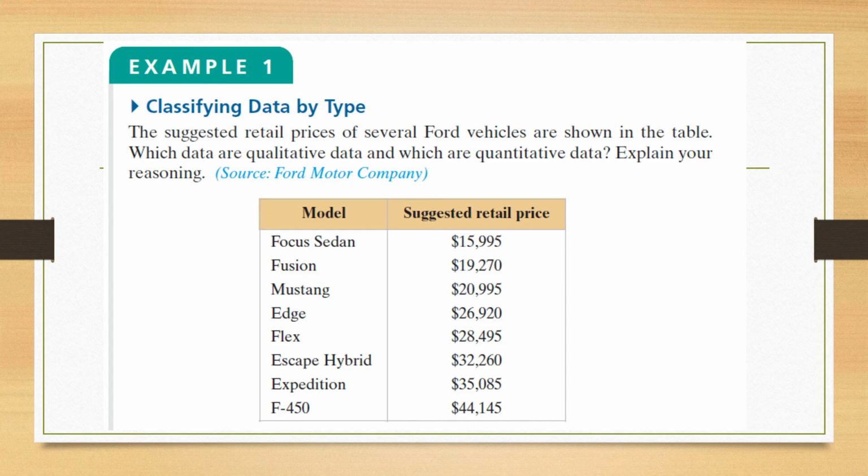That is on the left side. We have Focus Sedan, Fusion, Mustang, Edge, Flex, Escape, Hybrid, Expedition, and F450. And the other contains the suggested retail prices of vehicle models. The names are non-numerical entries, so these data are qualitative data. The suggested retail price are numerical entries, so these are quantitative data.